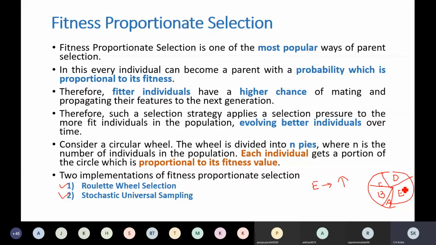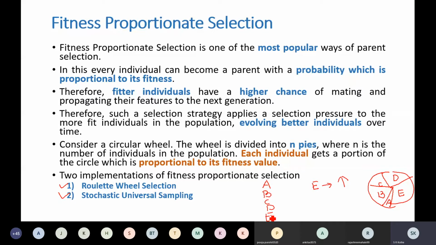The reason is that it might have more fitness. Similarly, now we will check which solution is the least fit solution in this set of solutions. We have A, B, C, D and E.